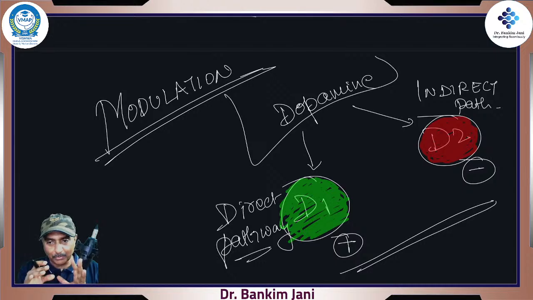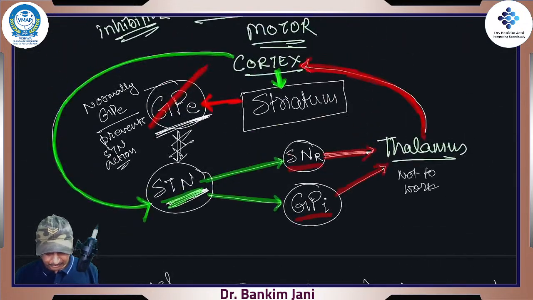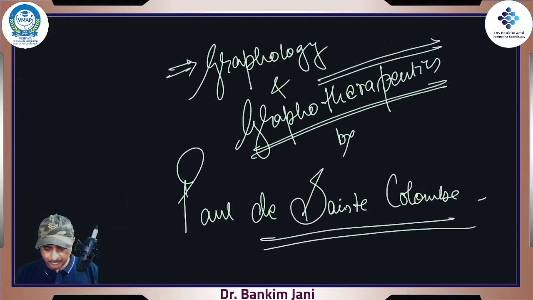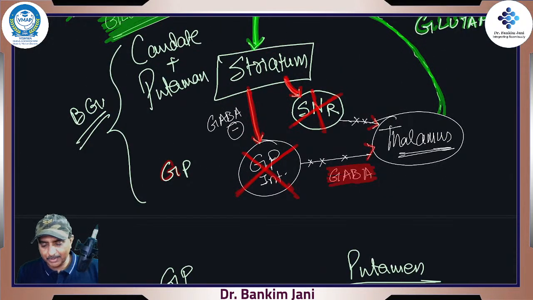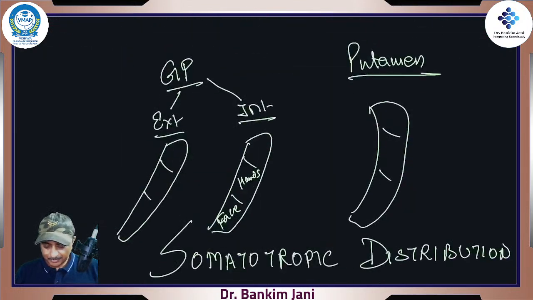When the direct pathway is affected, that substantia nigra which was sending the message over here, right? Substantia nigra is this one. Where is it? Here it is. Substantia nigra, over here, affected. So this leads to tremor.